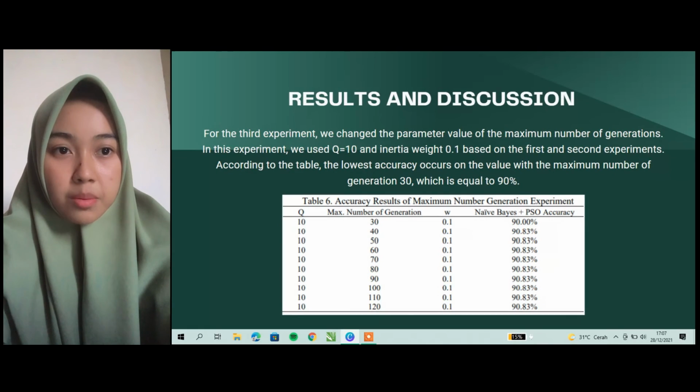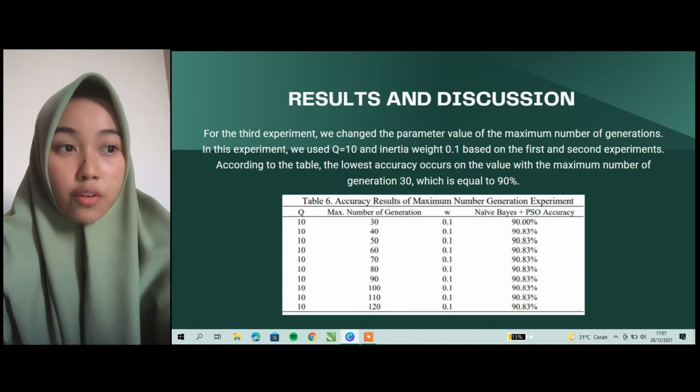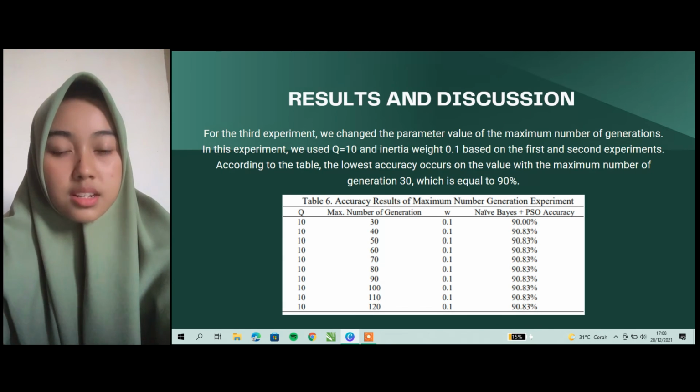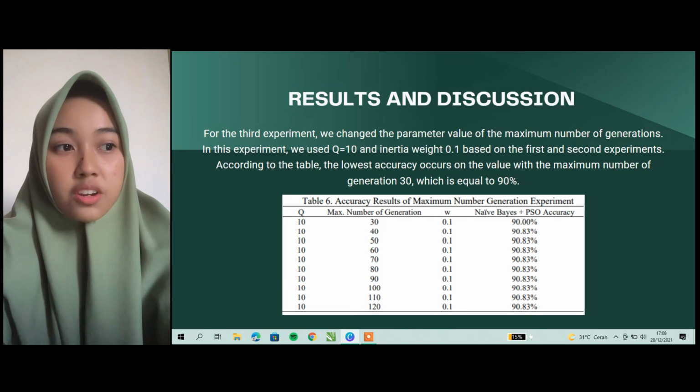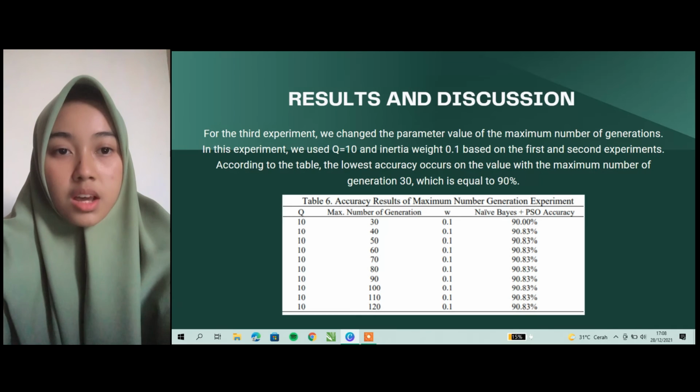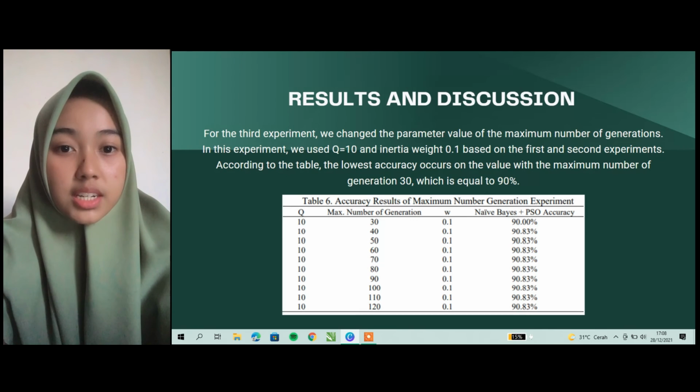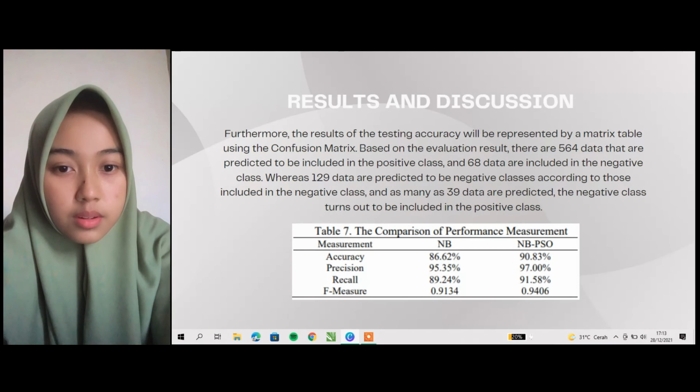For the third experiment, we changed the parameter value of the maximum number of generations. In this experiment, we use population size equal to 10 and inertia weight 0.1 based on the first and second experiments. According to the table, the lowest accuracy occurred on the maximum number of generations 30, which is equal to 90%. Table 6, accuracy result of maximum number of generations experiment.